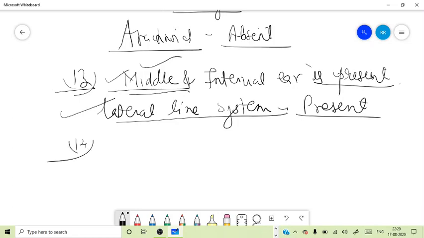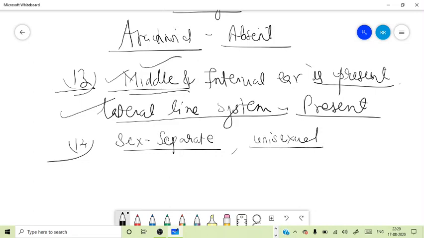Next, the sexes are separate in amphibians. So the male and female animals are separate, that is, they are unisexual. Then gonads are paired. And males are without a copulatory organ.